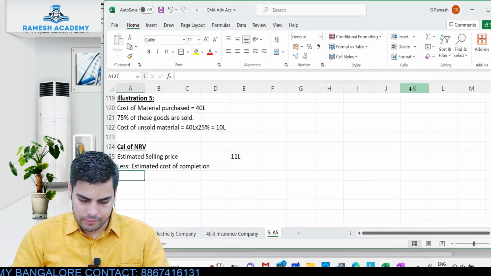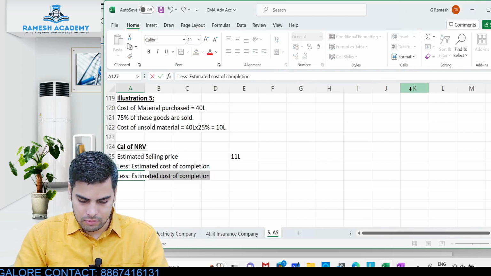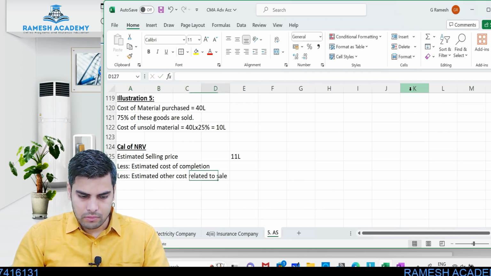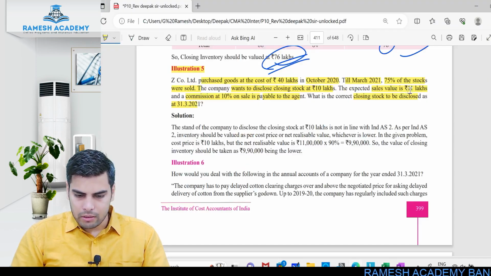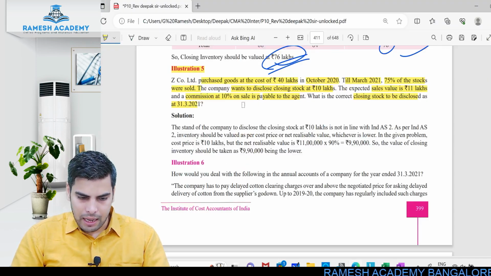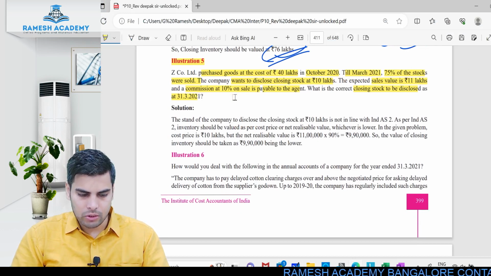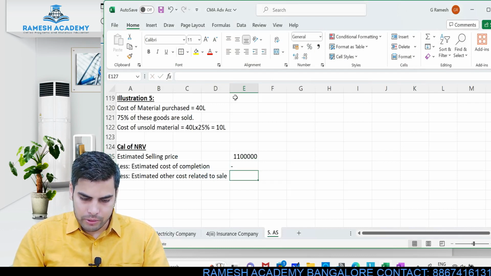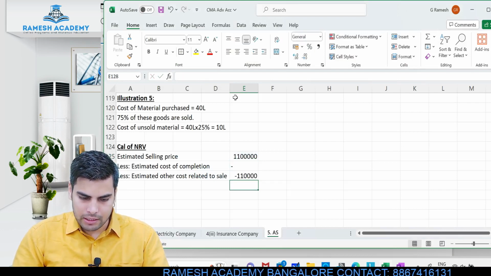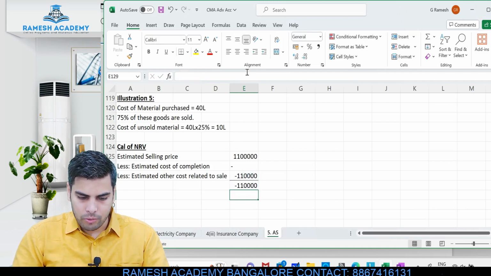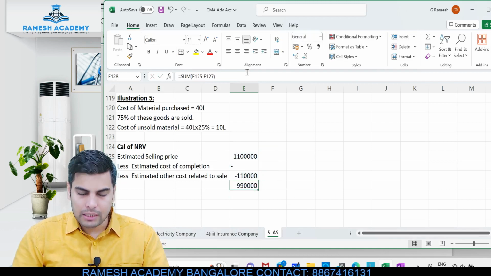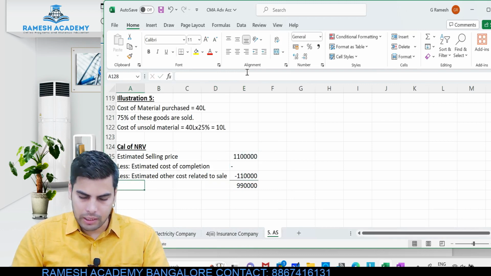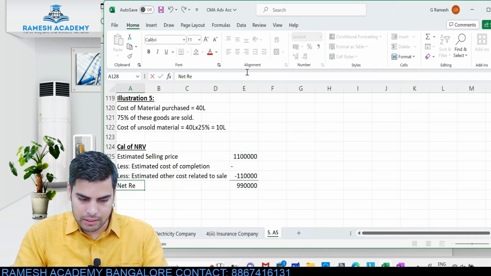The cost of completion is 0, and here if you see, expected sale value is 11 lakh and the commission is 10% of the sale. If this is 11 lakh, 10% of this particular amount I need to pay as commission. That would be 1,10,000. So what would be the net realizable value? The net realizable value will be 9,90,000.